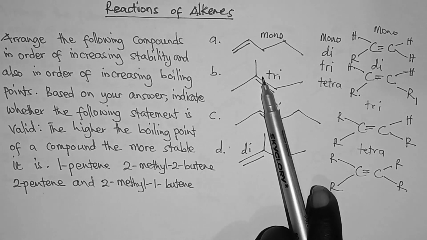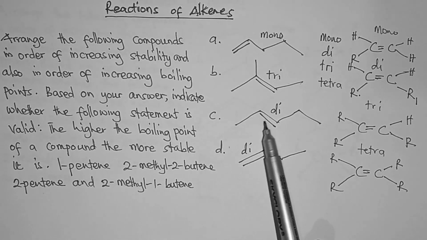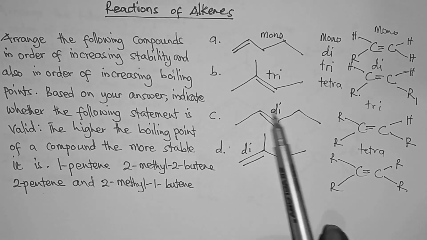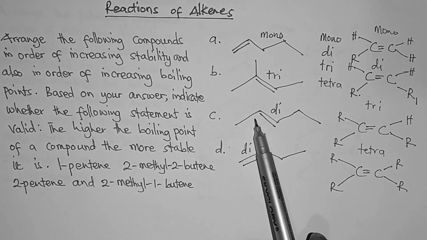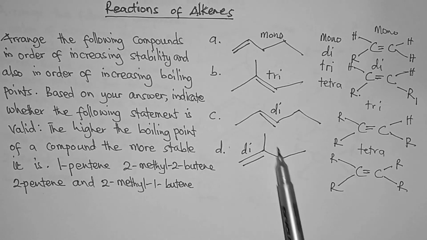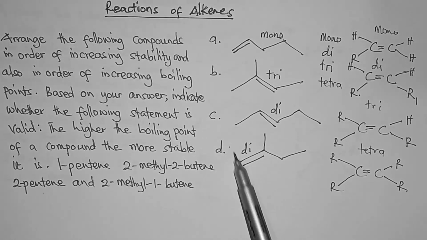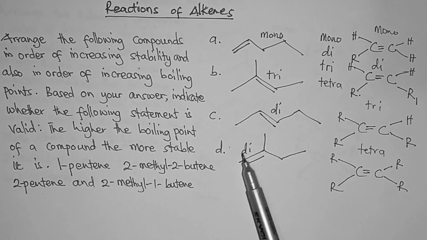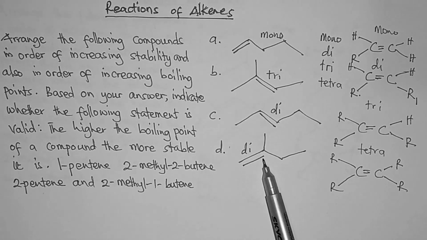Let's come to C and D. You can see that C is a di, and D is a di. However, C is a non-terminal alkene, and D is a terminal alkene. And we established that non-terminal alkenes are more stable than terminal alkenes, and therefore C is more stable than D.